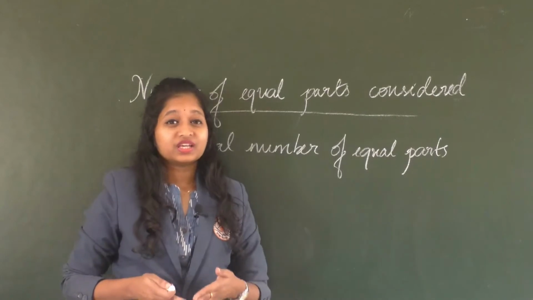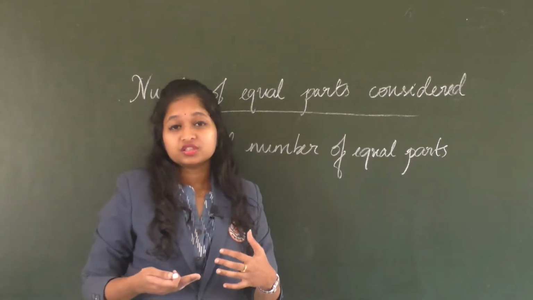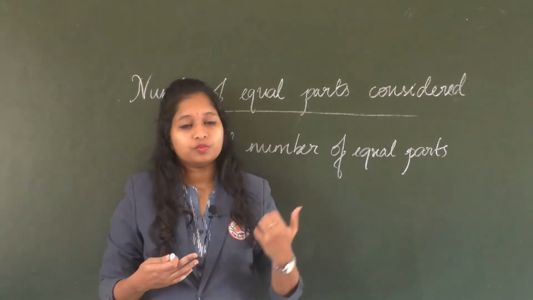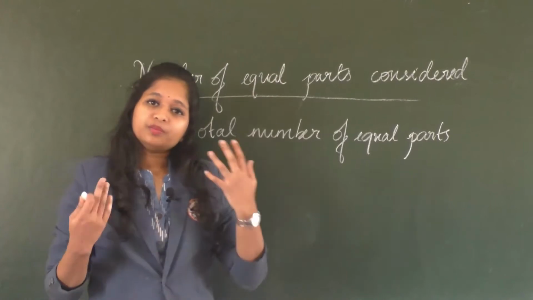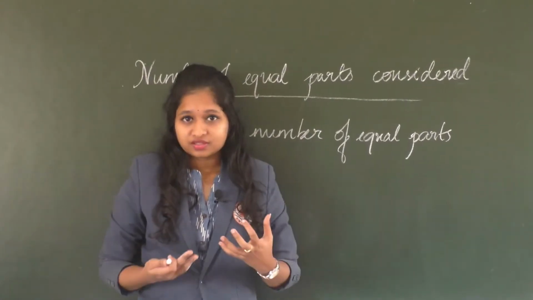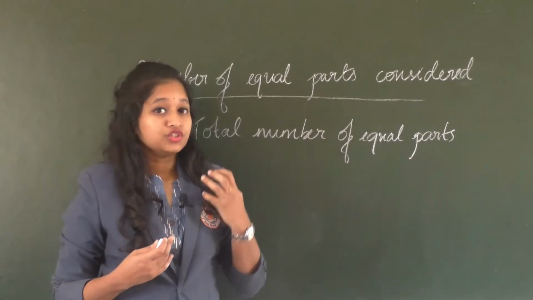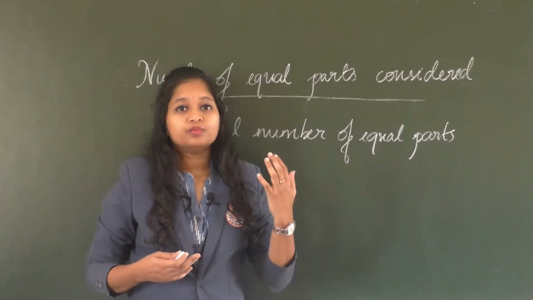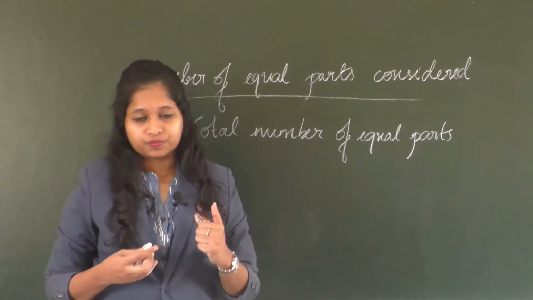So children, how do we write a fraction? We write one number on the top of another number, isn't it? The number which we write above is called the numerator, and the number which we write below is called the denominator.